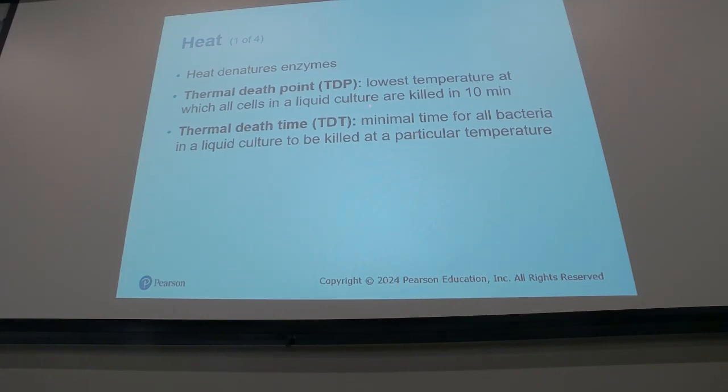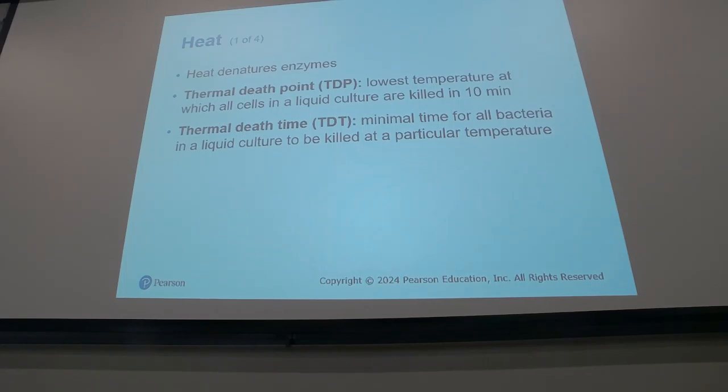When you use heat, you can control how much heat you use by taking into account thermal dead point and thermal dead time. Thermal dead point, it is the lowest temperature that is necessary to kill all cells in a liquid culture when you use that heat for 10 minutes.